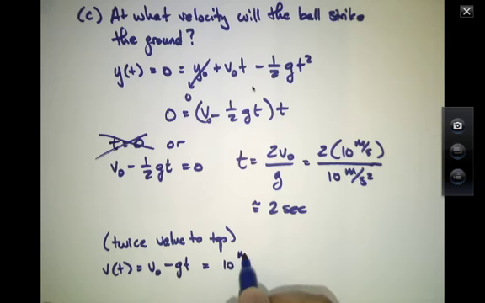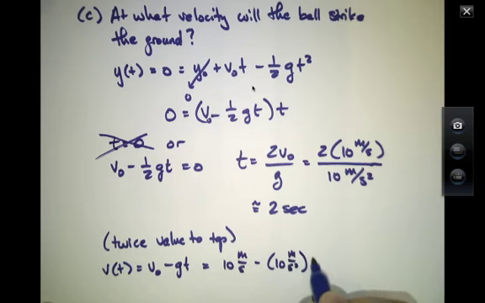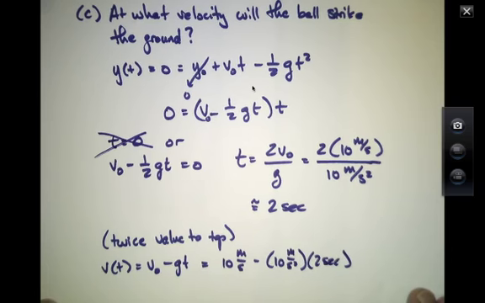This is 10 meters per second minus 10 meters per second squared times 2 seconds, and one gets minus 10 meters per second.